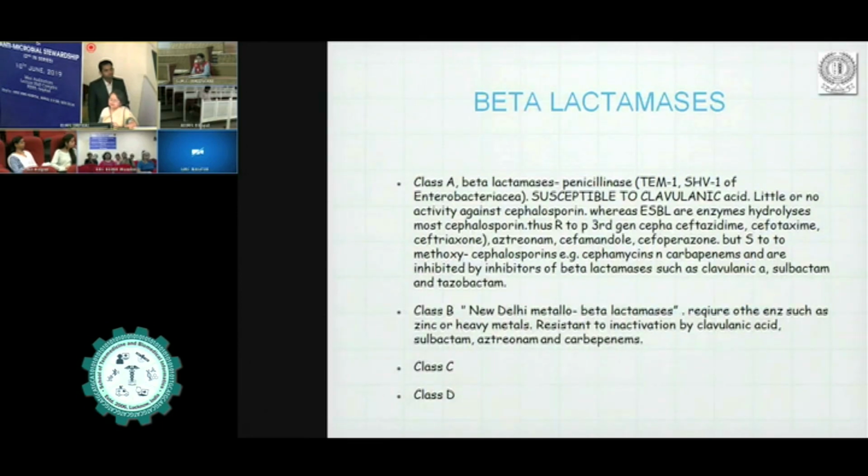These are the enzymes that hydrolyze most of the cephalosporins as well. Whereas just the class A beta-lactamase, for example penicillinase, they spare the cephalosporins.